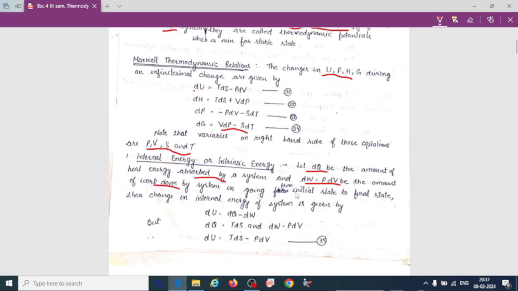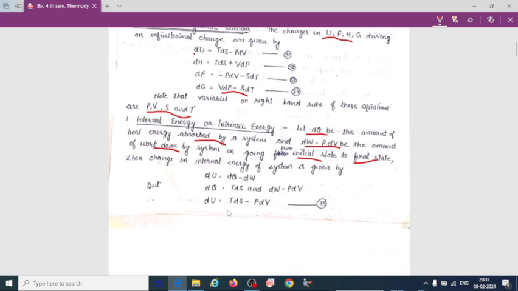Then the change in internal energy of the system is given by dU equal to dQ minus dW.